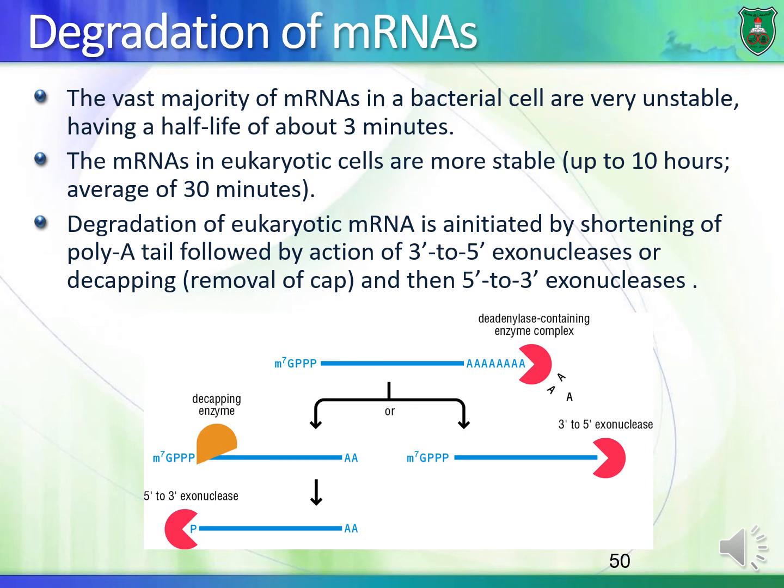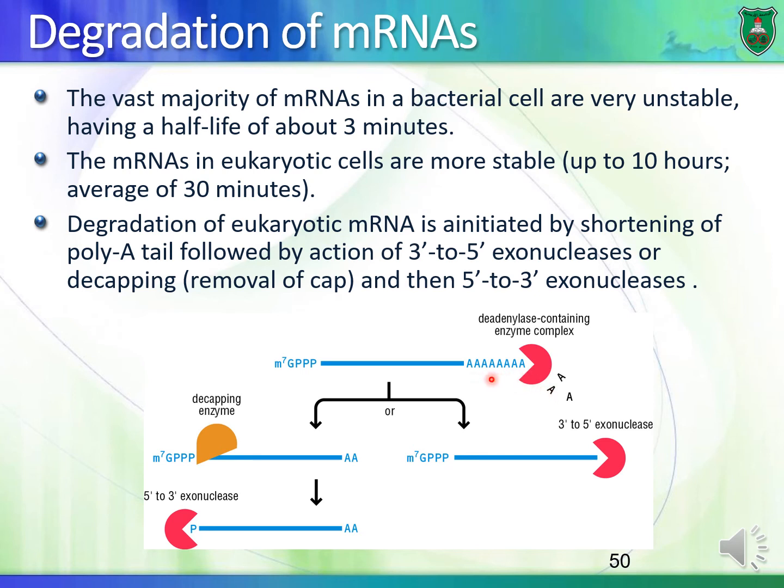So stability: mRNA does not last forever. In bacteria it lasts for about 3 minutes as a half-life. Half-life of eukaryotic messenger RNA is about 10 hours, an average of 30 minutes, and they get degraded. And the first step in mRNA degradation is removal of the poly-A tail.